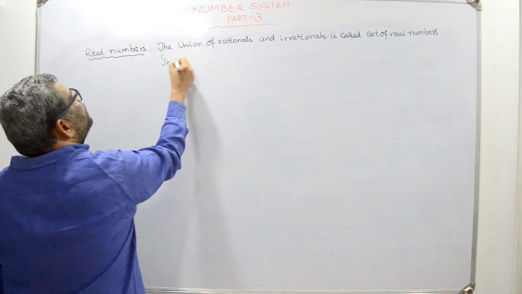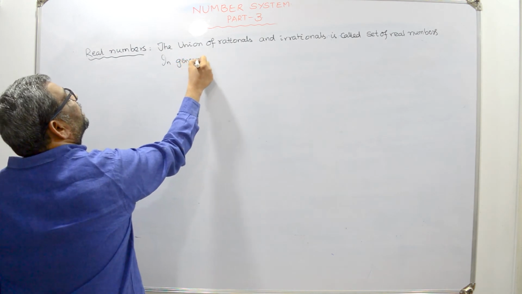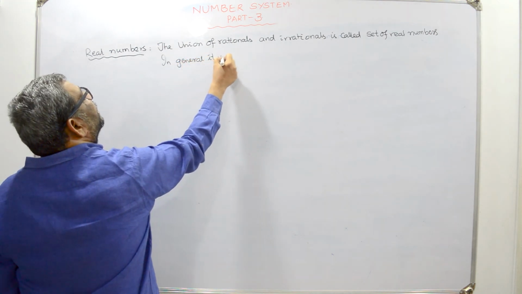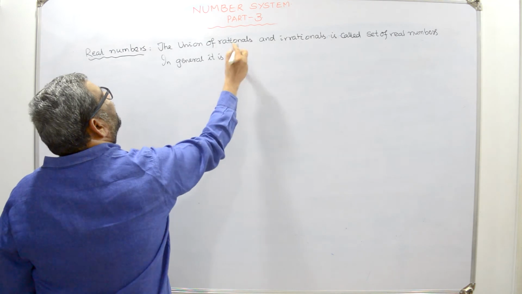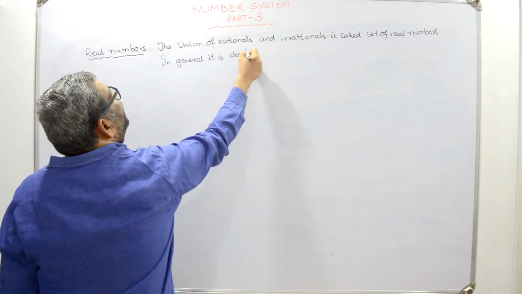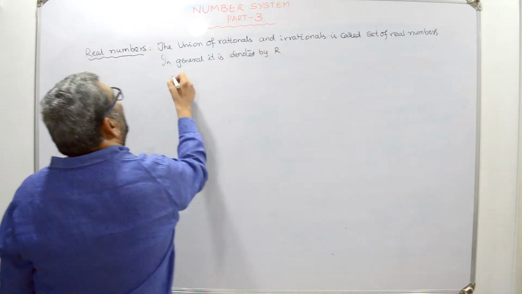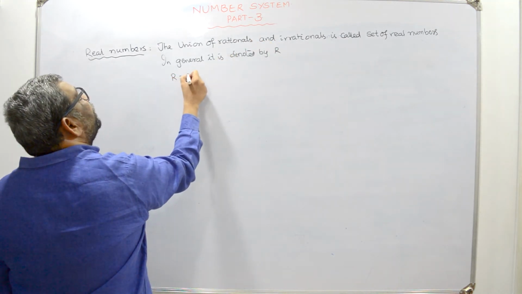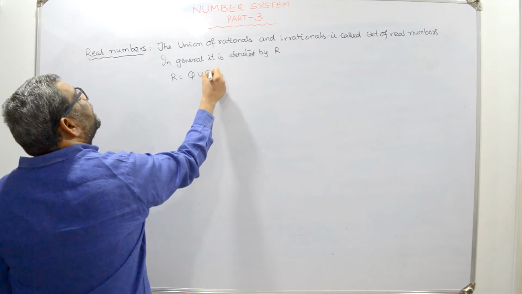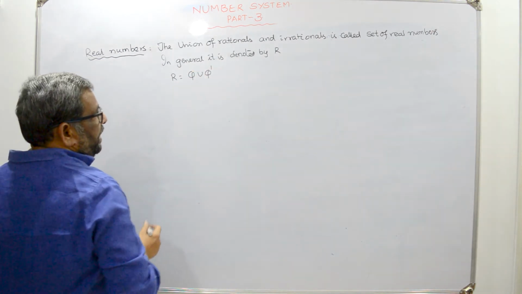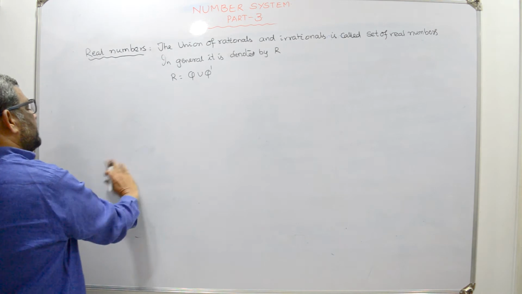In general, it is denoted by R. R is equal to Q union Q dash, and therefore this is the largest set which is available.